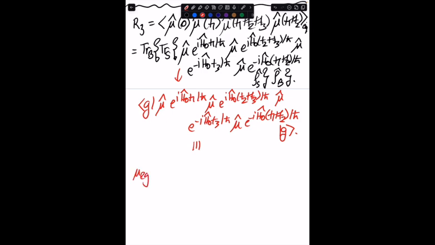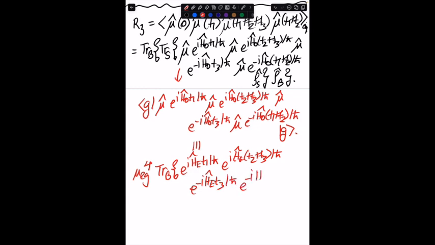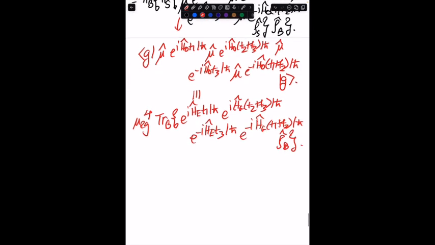So you get mu_eg to the power 4, and then you get this trace over the path states of e raised to the power i h_e t1 upon h bar, e raised to the power i h_g (t2 plus t3) upon h bar, e raised to the power minus i h_e t3 upon h bar, and e raised to the power minus i h_g (t1 plus t2) upon h bar, with the bath equilibrium density operator.